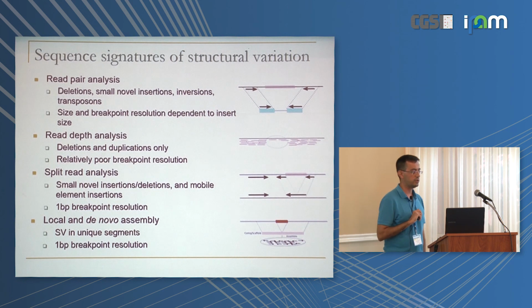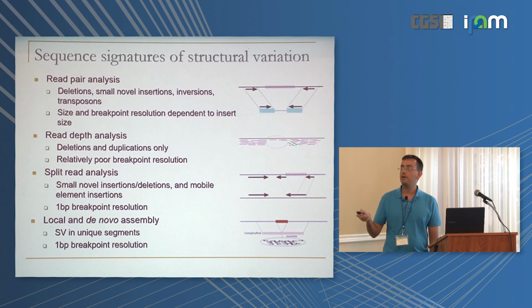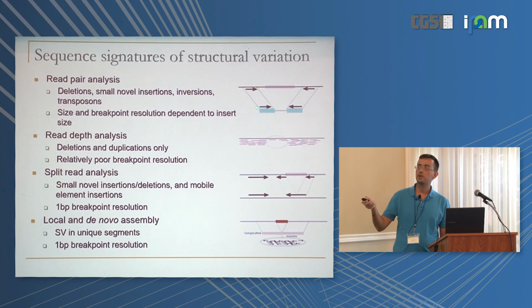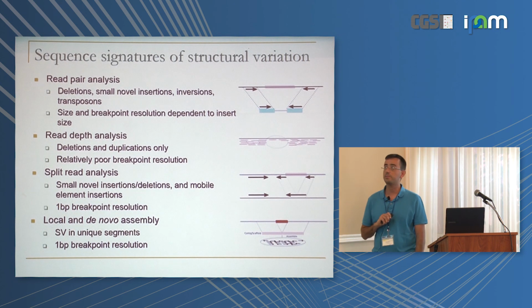The first one is read pair analysis. This is the same methodology that Tuzun and Kidd used. We have this molecule, we sequence from the prefix and the suffix, and we know the size of this molecule approximately. For Illumina, this is usually 400, 500 base pairs.